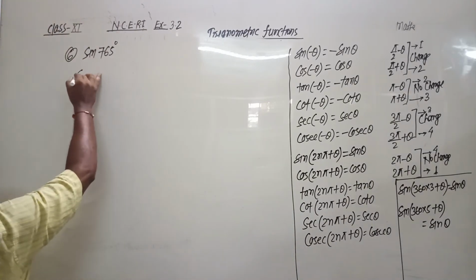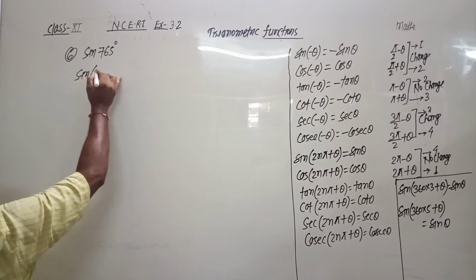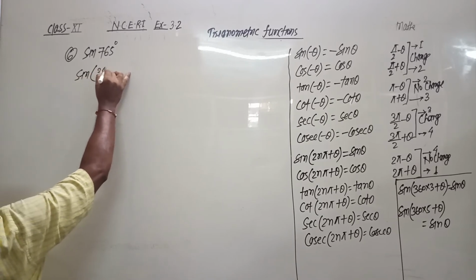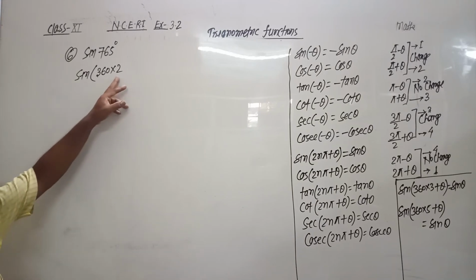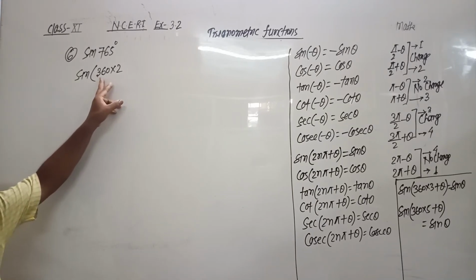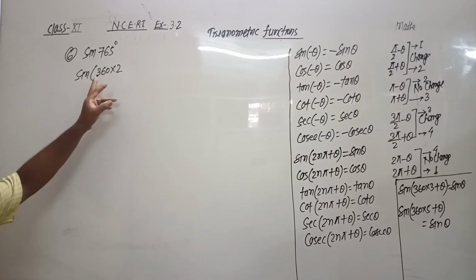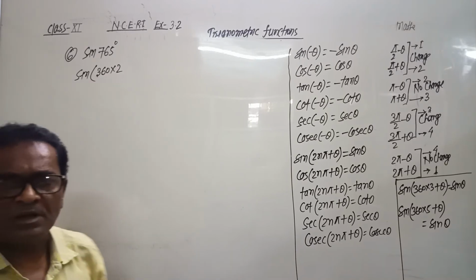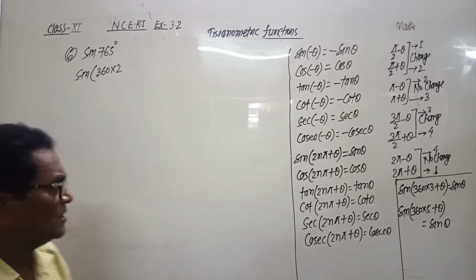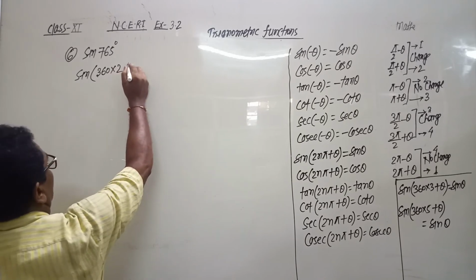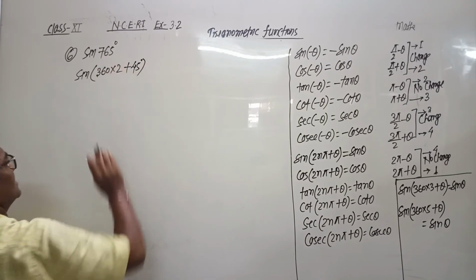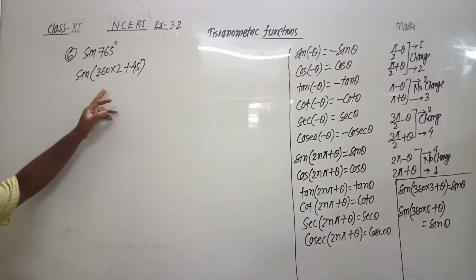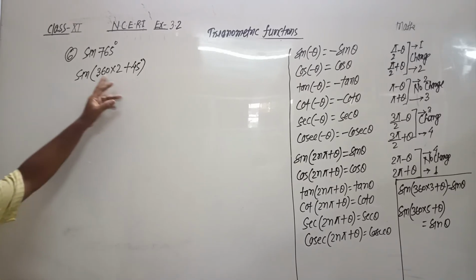So we can write sine of 360 into 2. Here n is 2 and 2 pi is 360, so 2n pi, and 360 times 2 is 720, and in 720 when we add 45 degree we get 765 degree. So how to get the value 45?